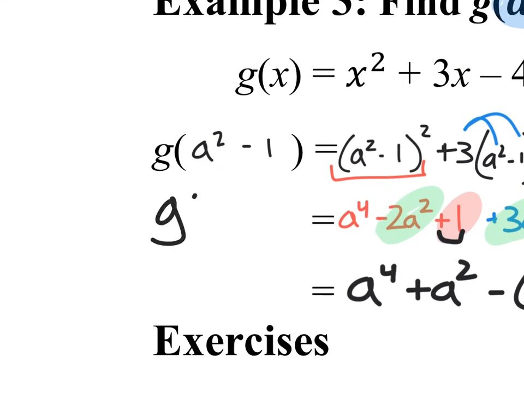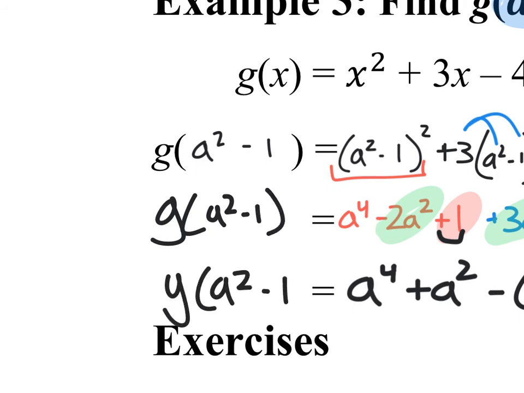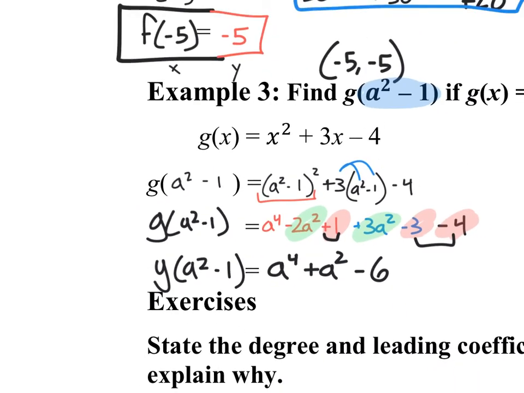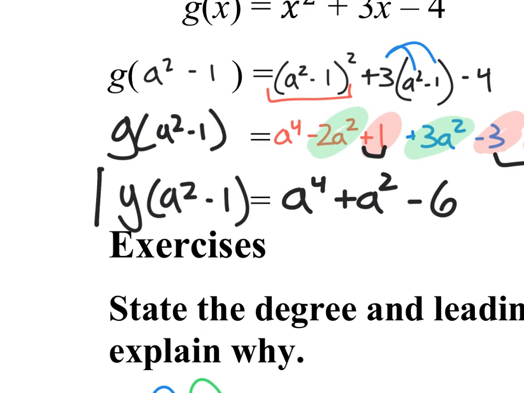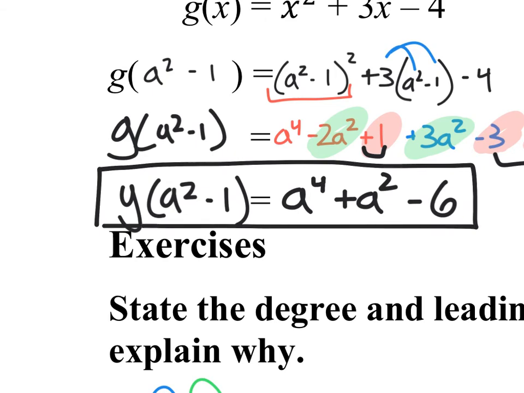And this stays the same the whole time, because it's just telling our audience what we did. And what we did is we took equation G, and everywhere there was an x, we substituted in a squared minus 1. And that's what we get. So when you plug that in, your answer is a to the 4th plus a squared minus 6.